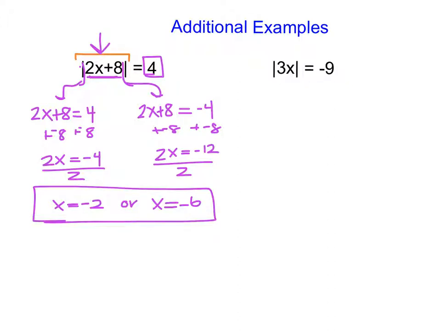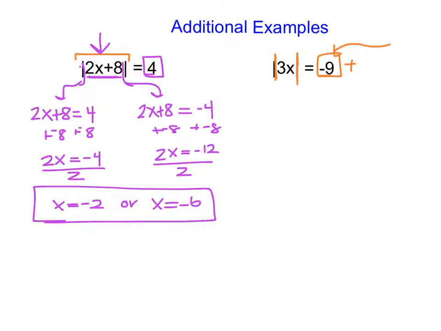All right, if I look at this next one, I start off and I notice, okay, I have my absolute value all by itself. So then I'm going to attempt to break down my prison walls, and I realize I need two numbers that have a distance from 0 of negative 9 units. And if I think about absolute value, I know that absolute value will only produce a positive number over here because it's going to be a positive distance.